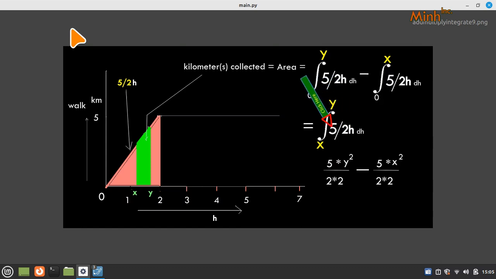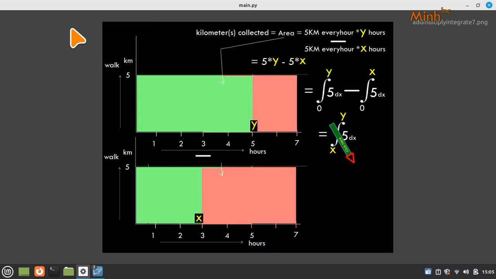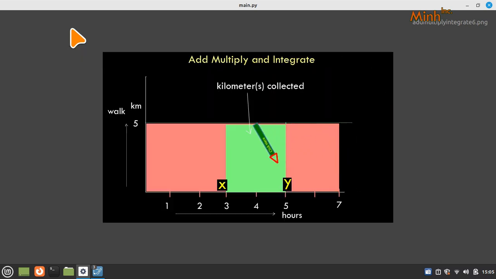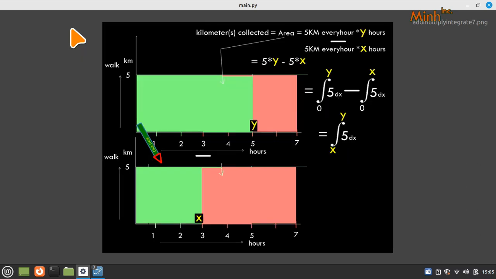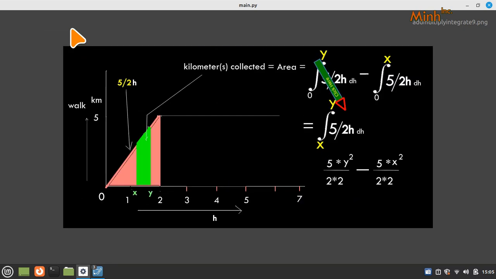If I see the integration of 5h between x and y, that is for y and then minus for x. For y whatever we get, for x whatever we get, we have to subtract if it is x to y. So we subtract and we get this.